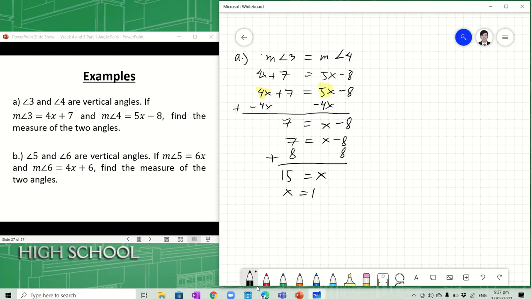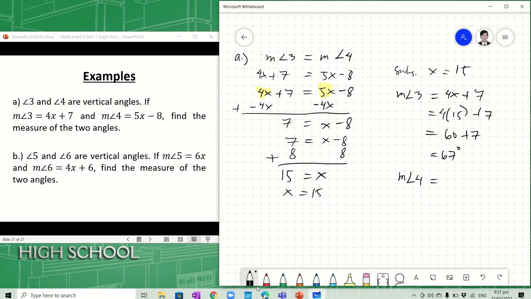That means x is equal to 15, but we're asked to find the measurement of angle 3 and angle 4. So we still have to substitute what we got. Angle 3 is 4x plus 7, so 4 times 15 plus 7, so 4 times 15, you'll get 60. Plus 7, 67.